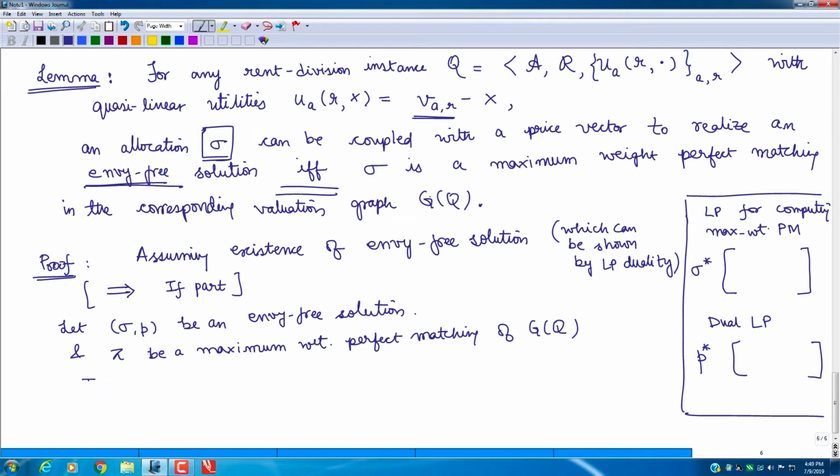What I'll show is that pi comma p is also an envy-free solution.